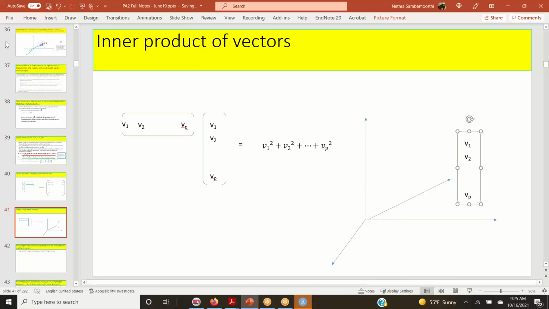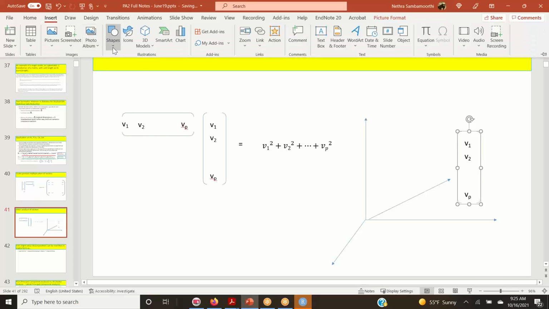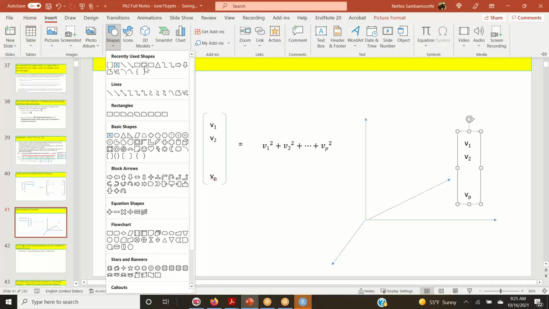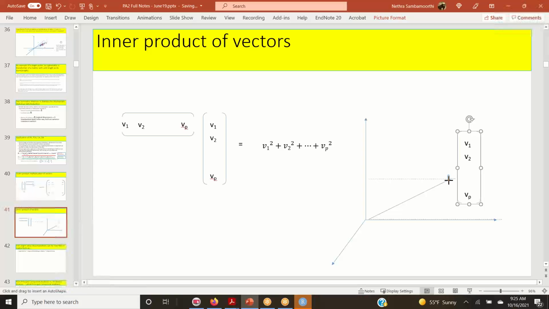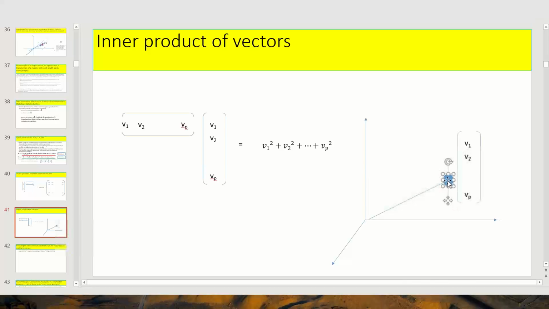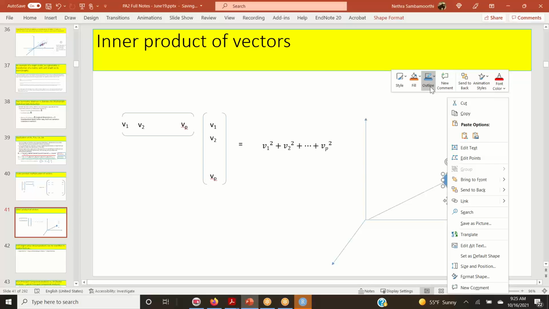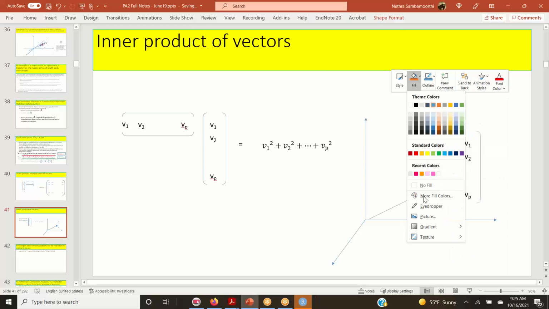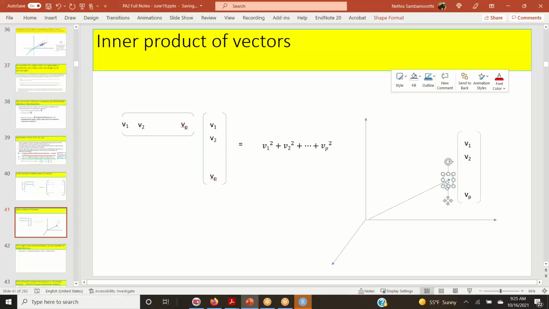So if this is that 3-dimensional vector, that means pointing to some direction, right? That's the geometry of vectors, and this point is what that vector is referring to. Okay, I'm going to make it no fill.